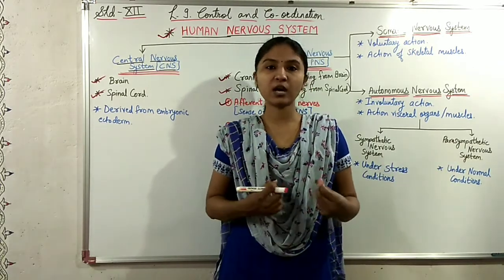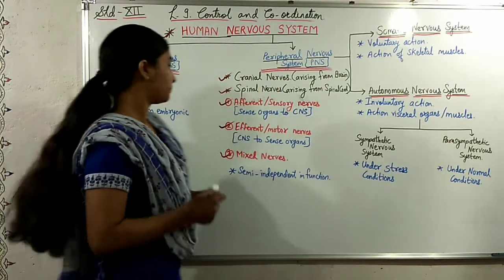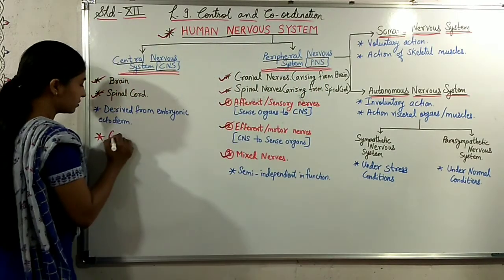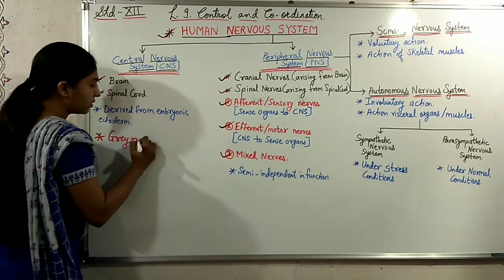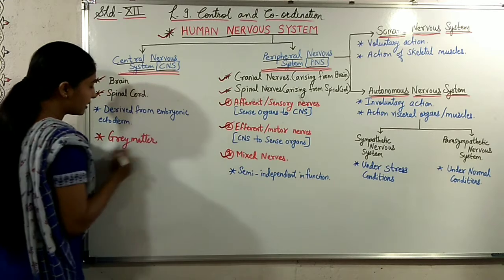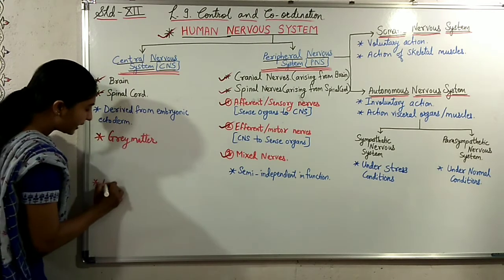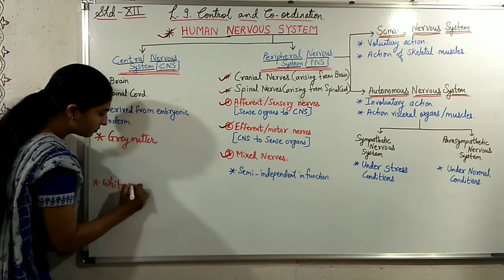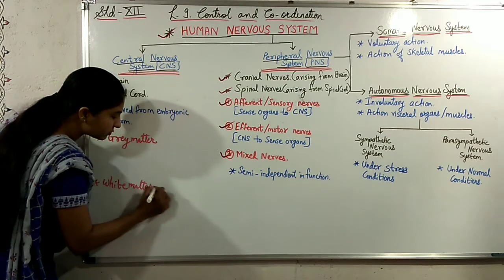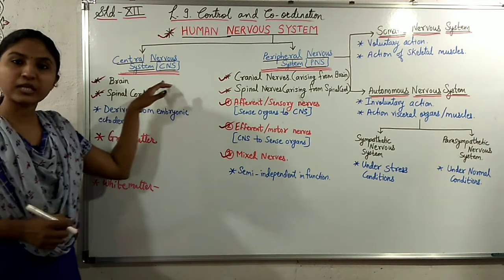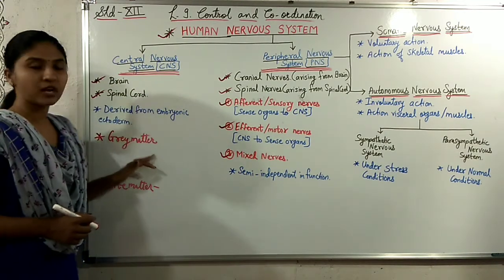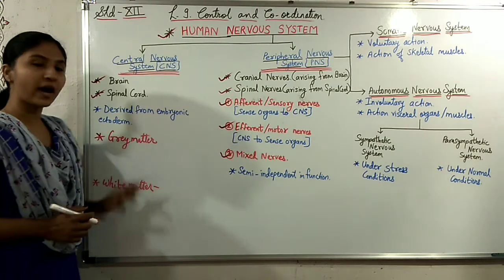Another thing that we are going to discuss is gray matter and white matter. Before we start with the central nervous system, we need to understand what is gray matter and what is white matter.